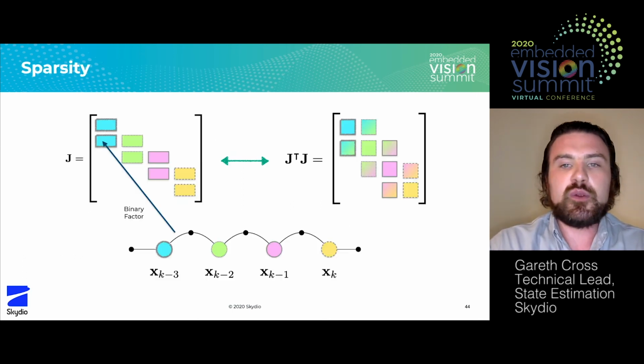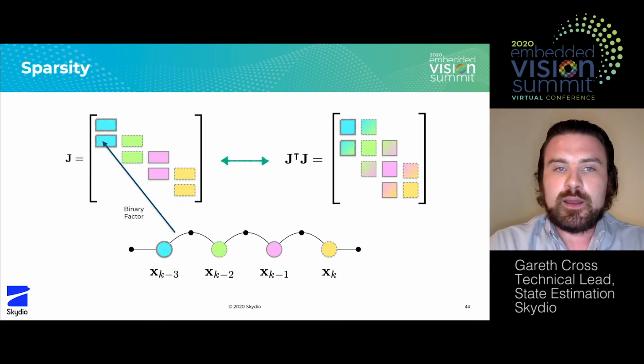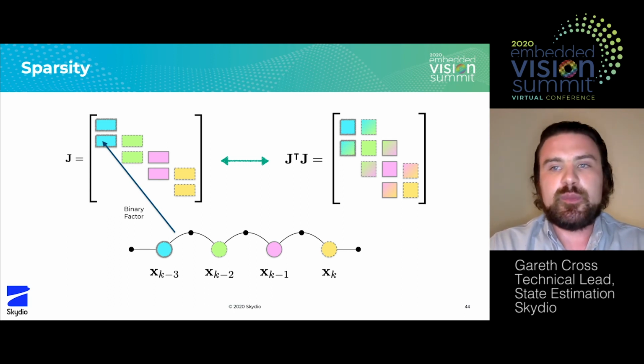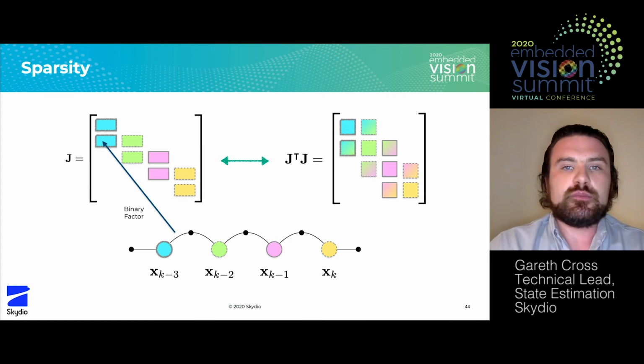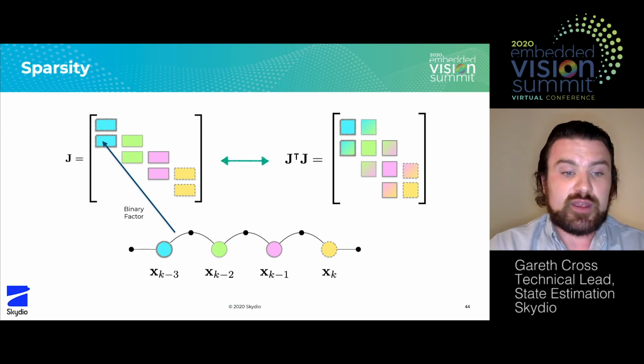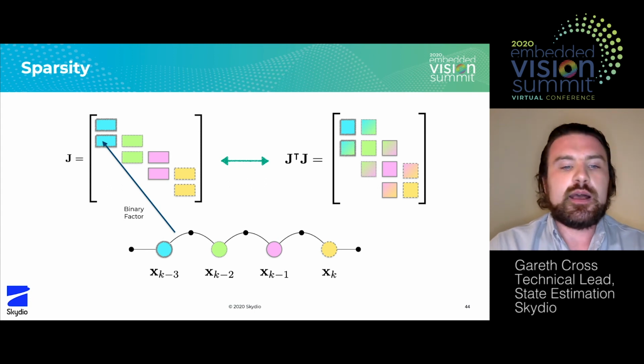So a quick note on sparsity. I just mentioned that the cost of inverting the matrix is cubic. That's not strictly true, though, because in general, many SLAM problems are sparse. This is an illustrative toy example where we have these four states, xk minus 3 through xk.